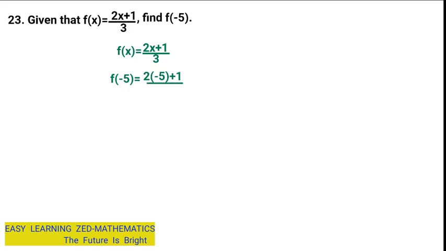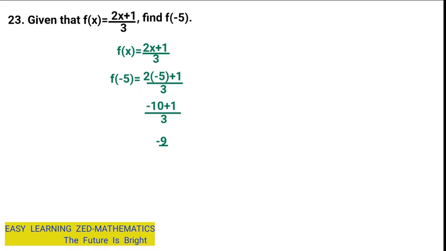Then I'm going to evaluate 2 times negative 5, which gives negative 10, plus 1 over 3. Then I add negative 10 plus 1, which gives me negative 9, over 3.